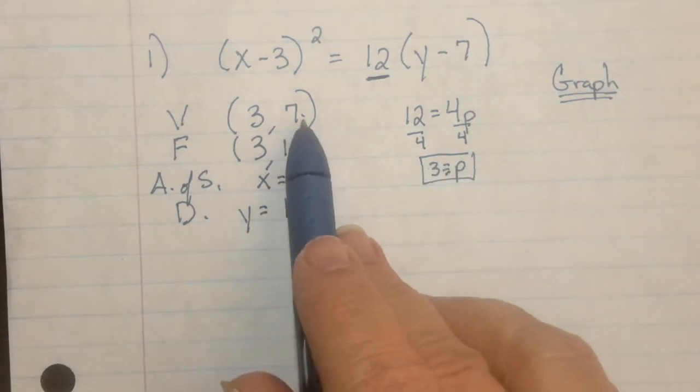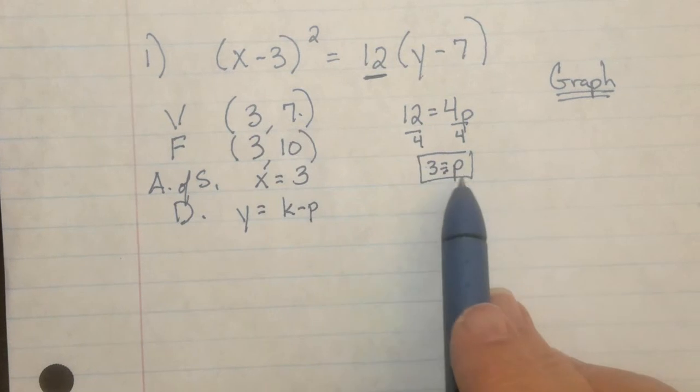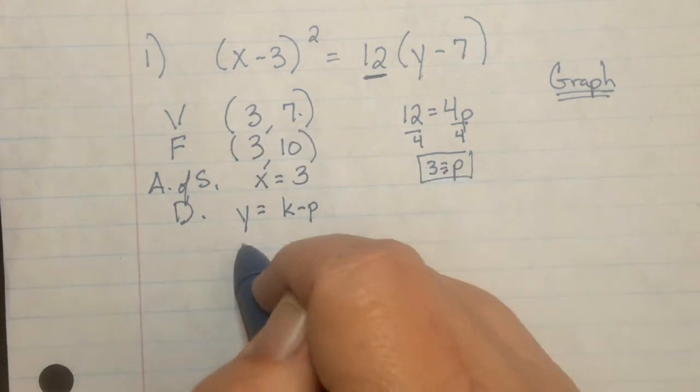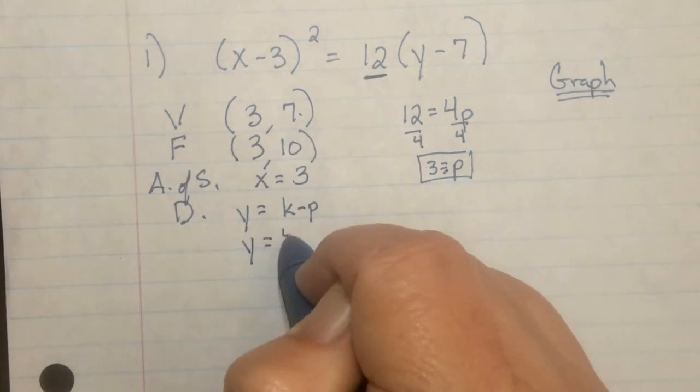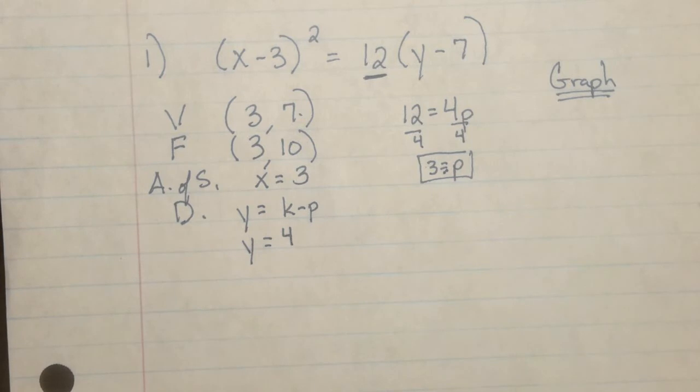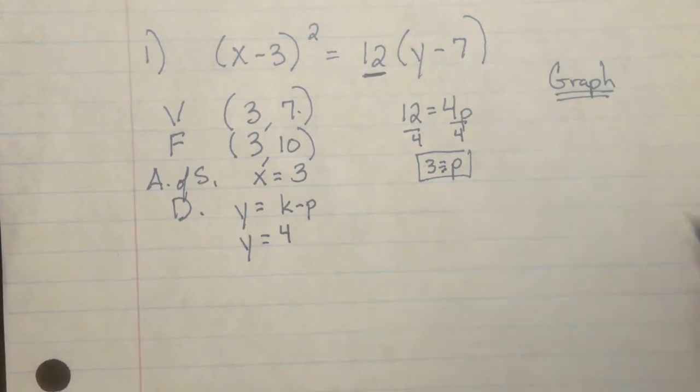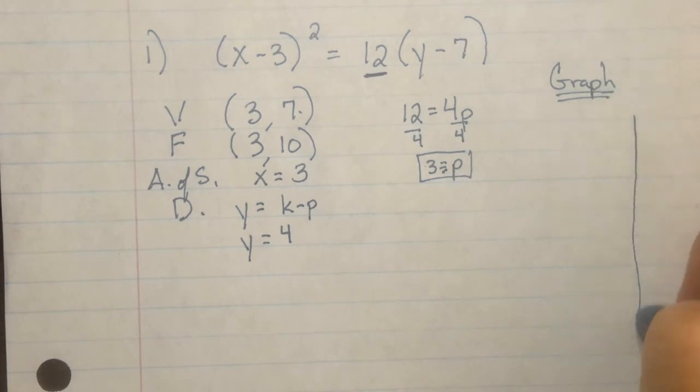So my k is 7, and my p is 3, so my directrix is y equals 4. So now I'm going to put all that on the graph.